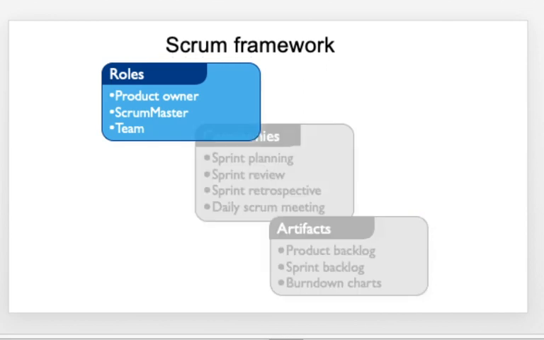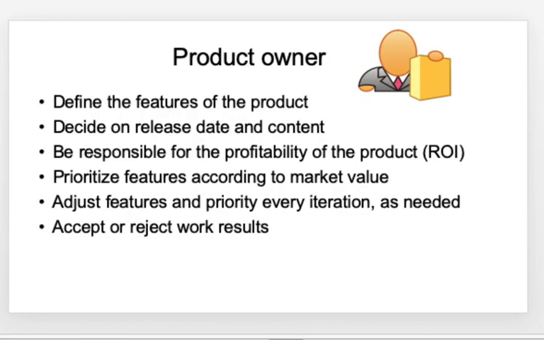So we start with the roles, namely the product owner, the Scrum Master, and the team. The product owner. So who is called a product owner? A product owner basically defines the features of the product. He will decide on the release date and the content.